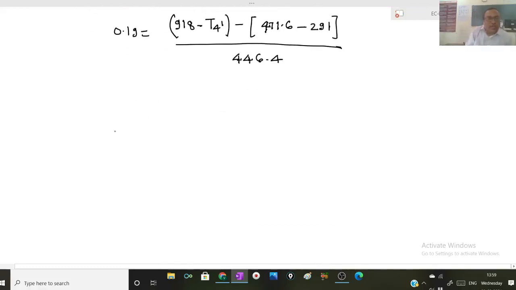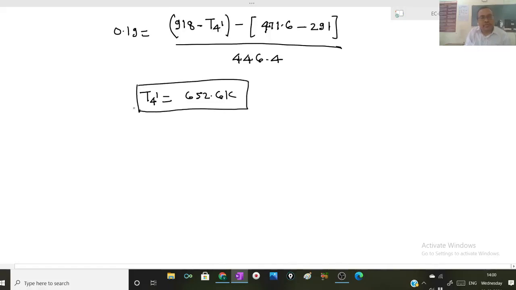So from here, the value of T4 dash comes out 652.6 Kelvin. So this is the actual temperature of the gas after actual expansion.